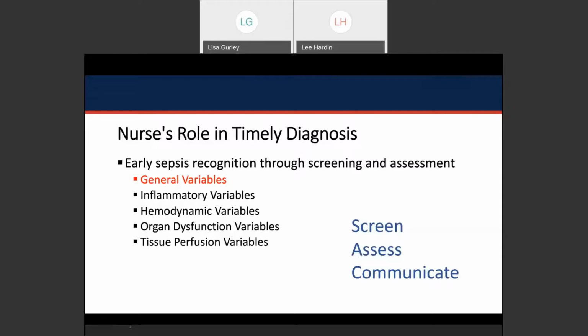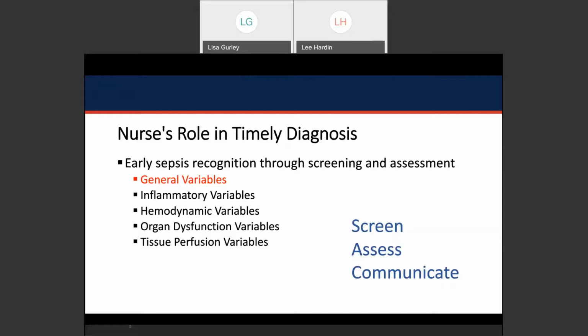Sepsis diagnosis is based on identifying 3 conditions: known or suspected infection, 2 or more of the clinical indications of the systemic inflammatory response, as described by Dr. Harden, and evidence of at least 1 organ dysfunction.